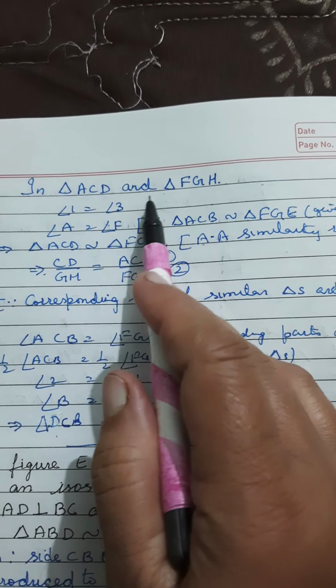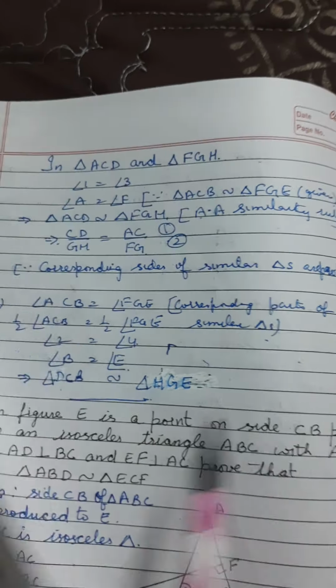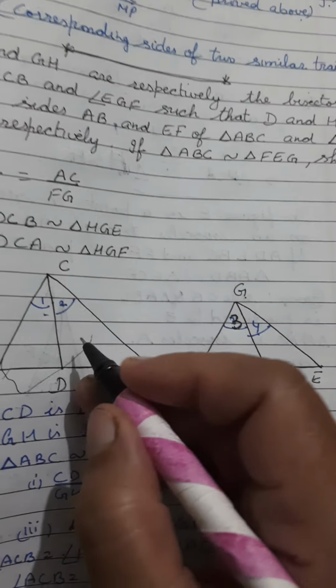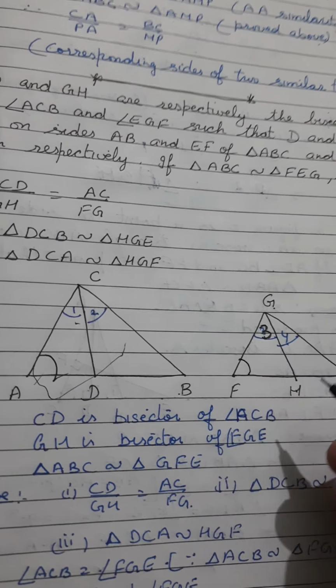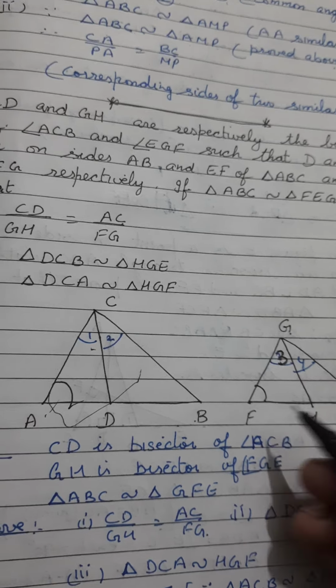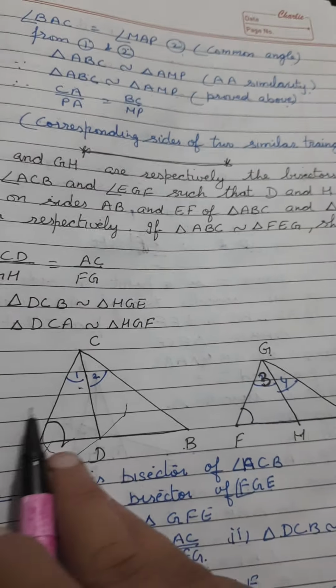In triangle ACD and triangle FGH, angle 1 is equal to angle 3. Angle A is equal to angle F. You can see here this angle A is equal to angle F. Therefore, this triangle is similar to this triangle by the angle similarity rule.